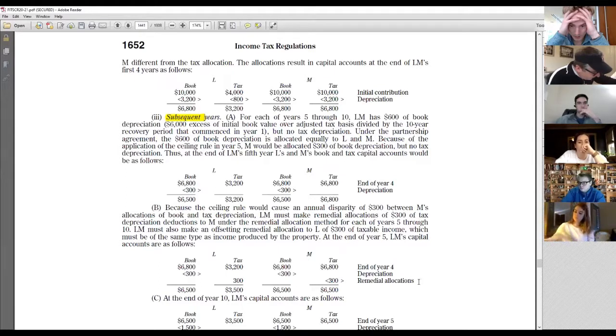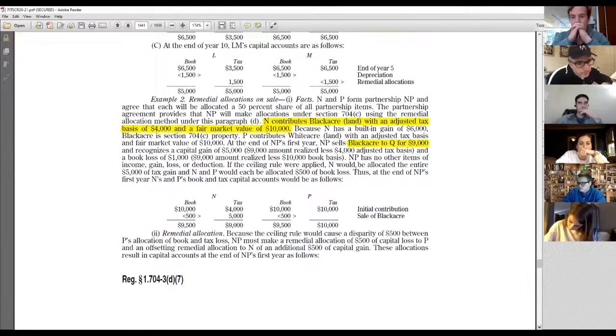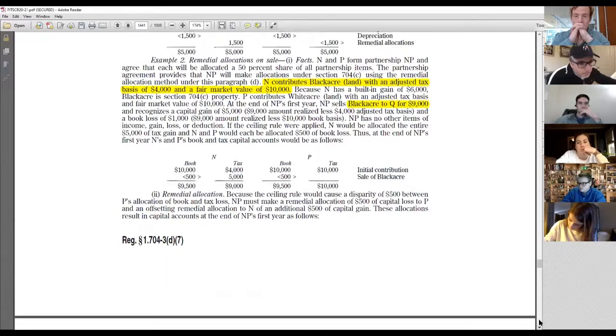And this is showing the remedial allocations. And at the end, we did example 2 remedial. This is Blackacre. So there was no depreciation. So we did that last class. That's a good example.